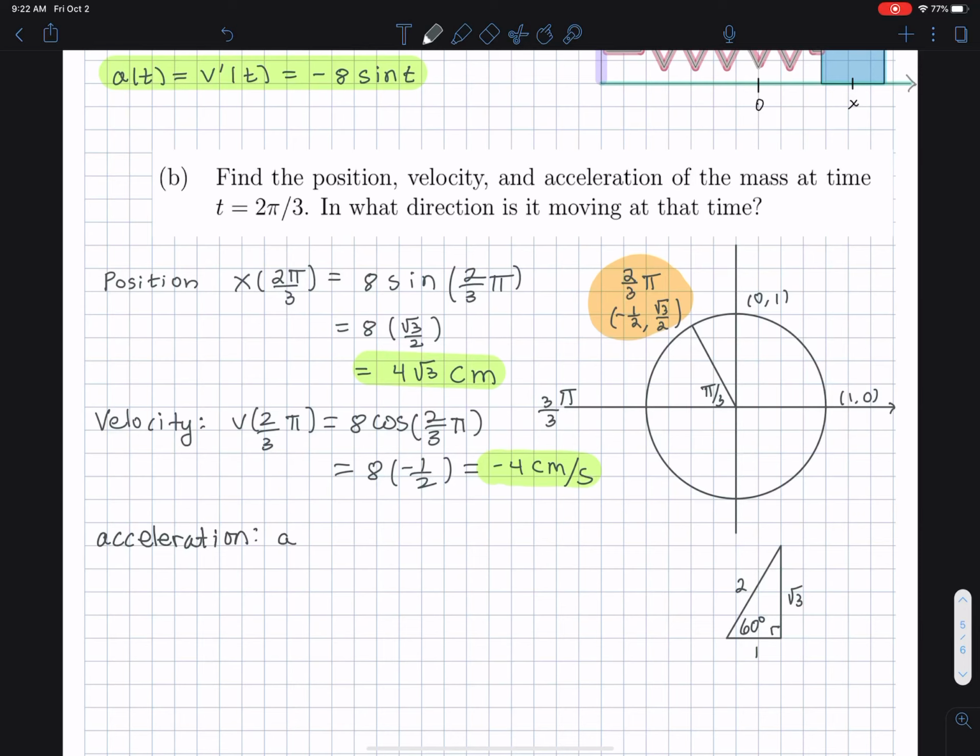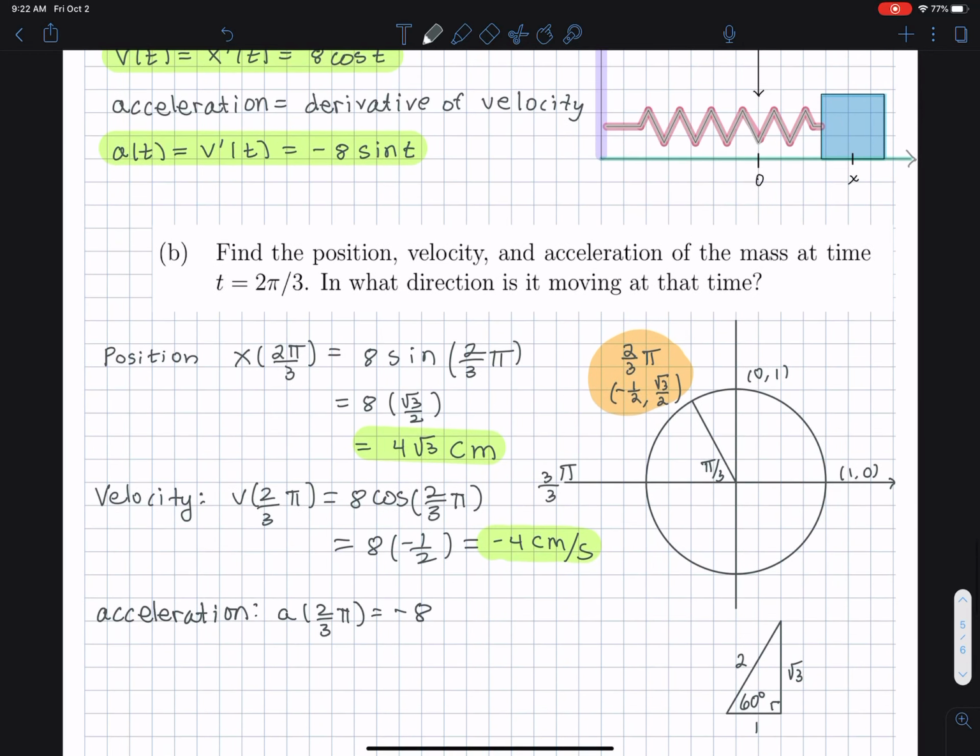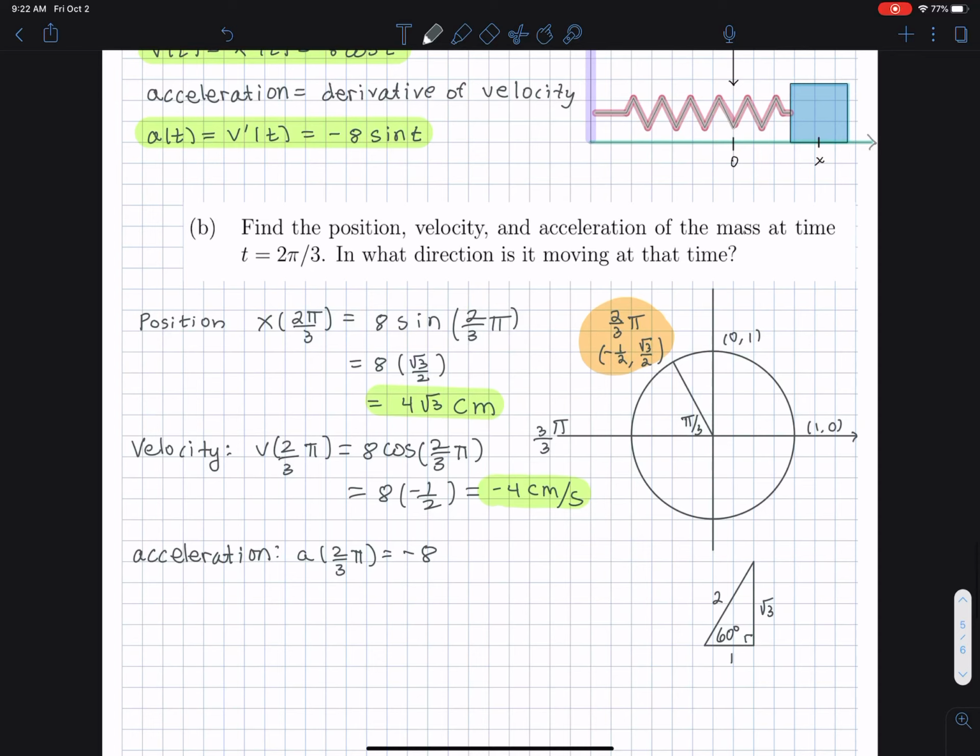We have a of t, a of 2/3 pi, is equal to negative 8, looking above here. Acceleration is negative 8 sine t, but I'll have negative 8 sine 2/3 pi, and that's the y-coordinate at that point, 2/3 pi. So I plug that in there, and I get negative 4 rad 3 centimeters per second squared.